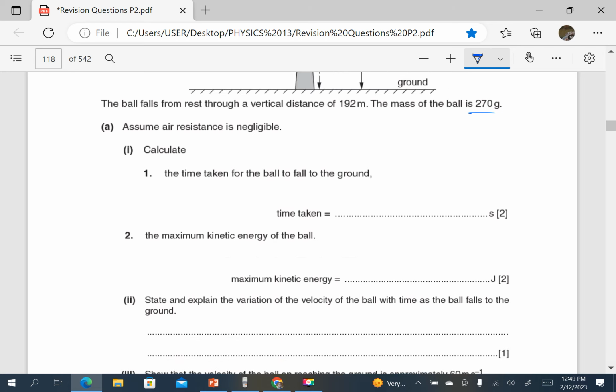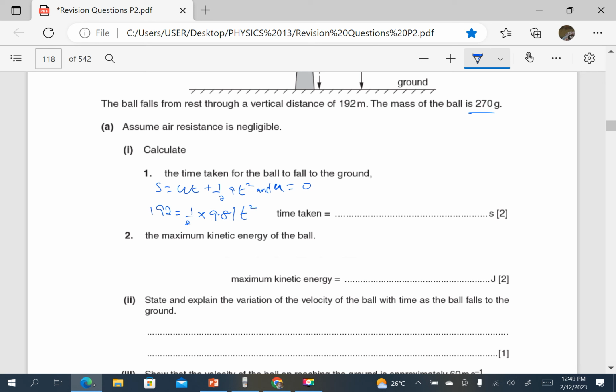Using the equations of motion, s is equal to ut plus a half at squared. Since they gave us the vertical height, the initial velocity u is equal to 0. So it is going to fall through 192 meters. This will be equal to a half times the acceleration 9.81 times t squared.